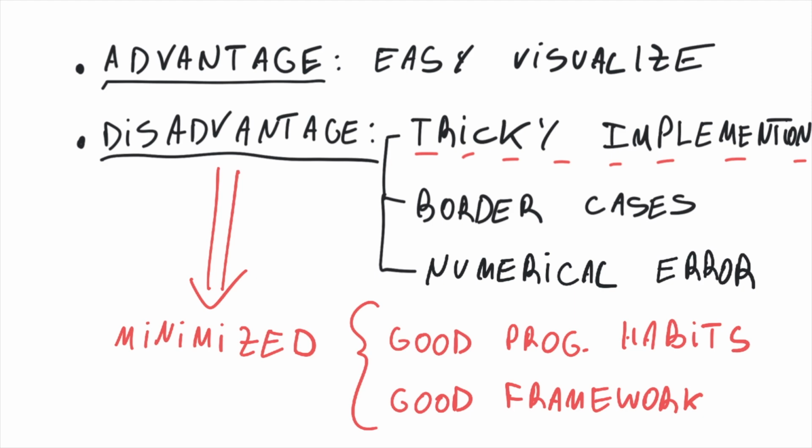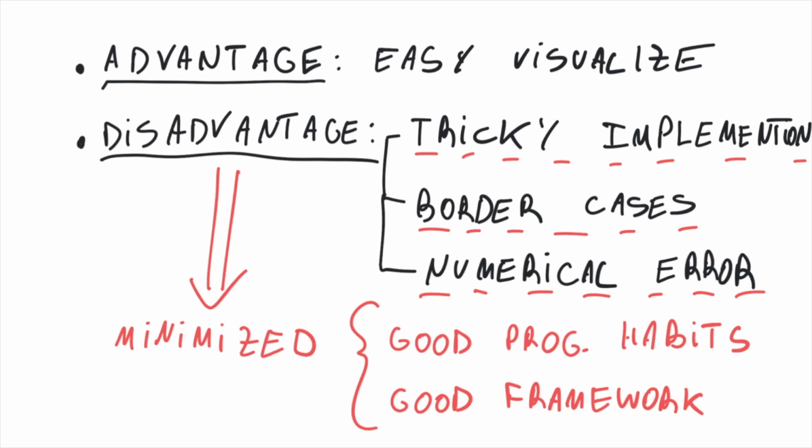This will also reduce the chance of you hitting bad border cases, and will also reduce the possibility of making numerical errors. This possibility is also reduced if you have good programming habits. You do operations in a good way, and you make sure that things are done in a very straightforward, direct and stable way.